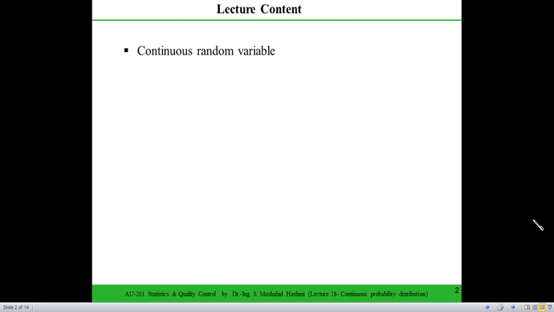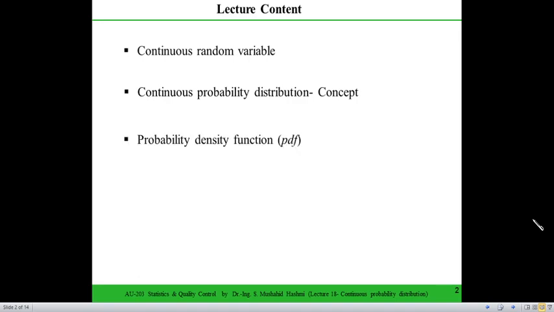In this lecture we will first start with the continuous random variable and discrete random variable, and then the concept of continuous probability distribution, and then we will go into the probability density function, which is exactly the same thing as probability mass function for a discrete random variable. Its counterpart is probability density function if your random variable is a continuous random variable.